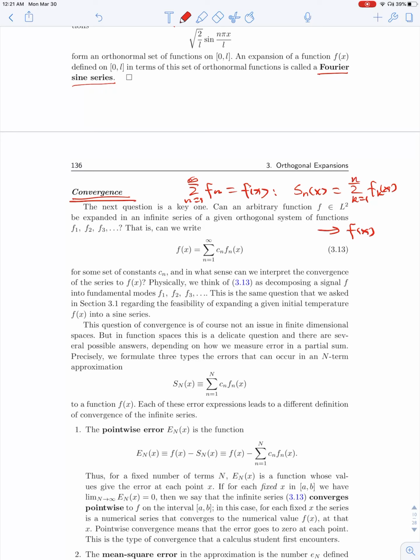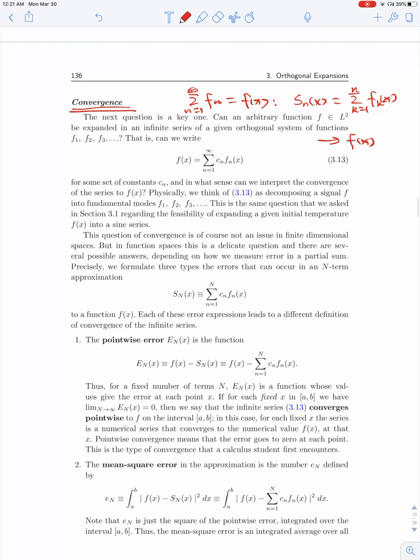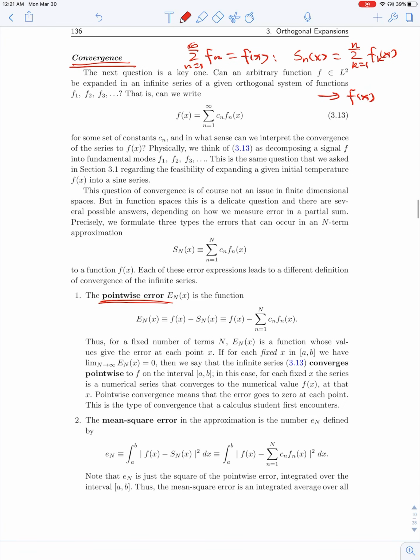And now here in the textbook, we talk about three different types of convergence. The first type is point-wise convergence, which just means that this error defined in this way converges to 0.